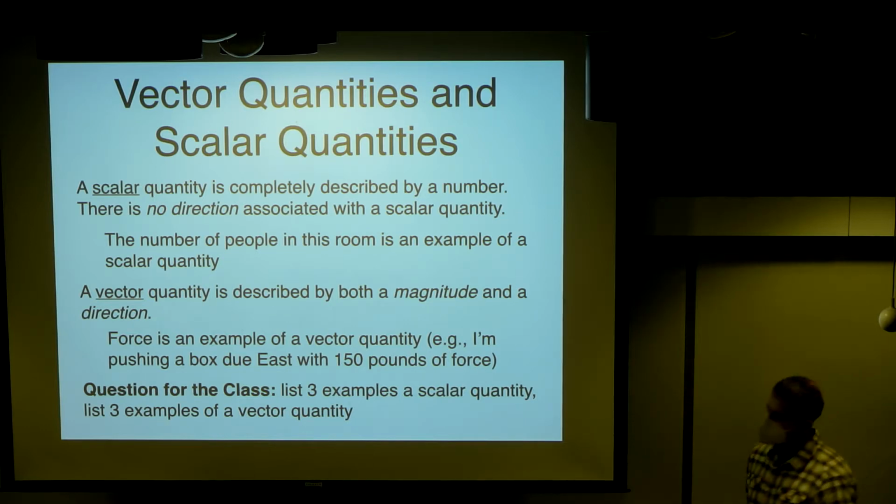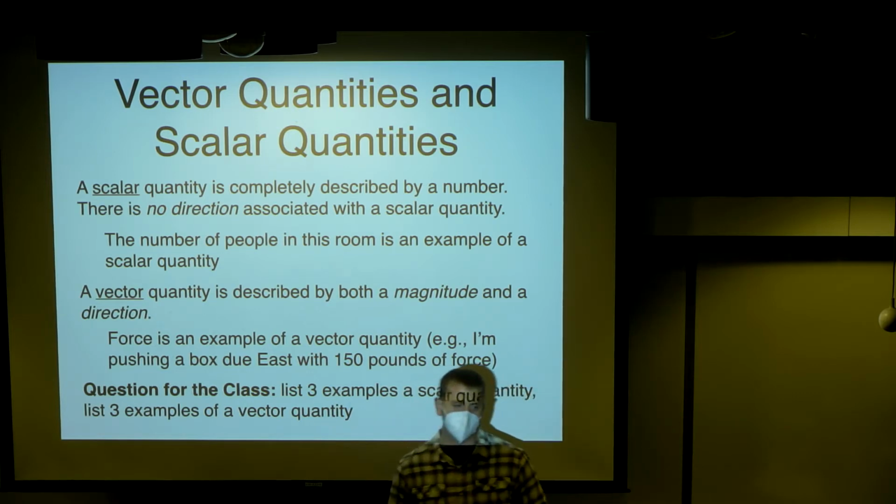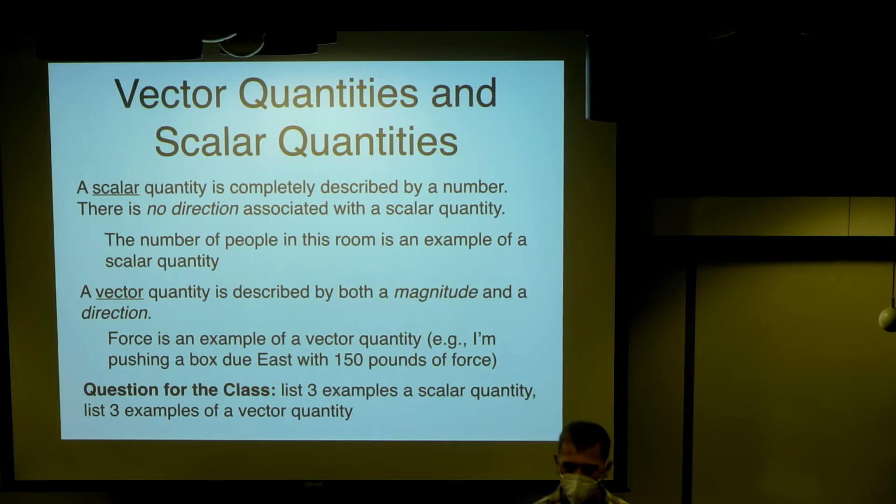Okay? So I thought real quick we could come up as a class with some examples of scalars and vectors, so we all understand the difference between the two. So let's try to think of 3 examples of a scalar quantity. Anyone can try to shout one out. So something that just doesn't have a direction associated with it.